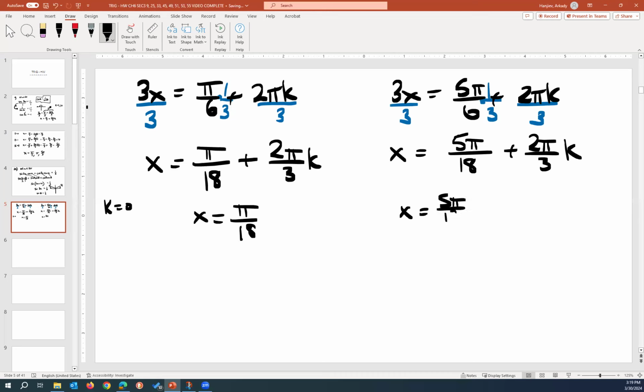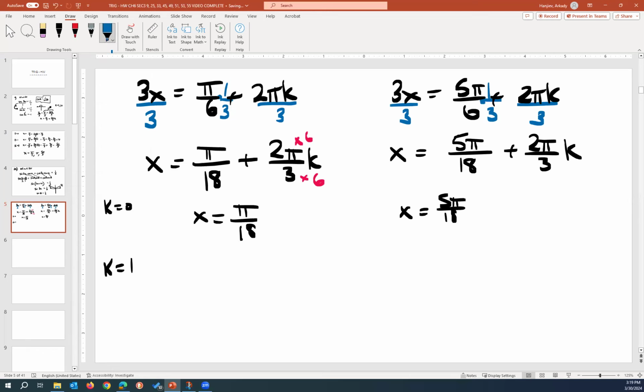Okay, the little trick I should tell you about here is when you get to k is equal to 1, you think to yourself, I still need common denominators here, right? So when I'm going to be adding these up, I'm going to just multiply this by 6, because eventually I'll just have common denominators right away. If I multiply this by 6, notice what I'm going to have.